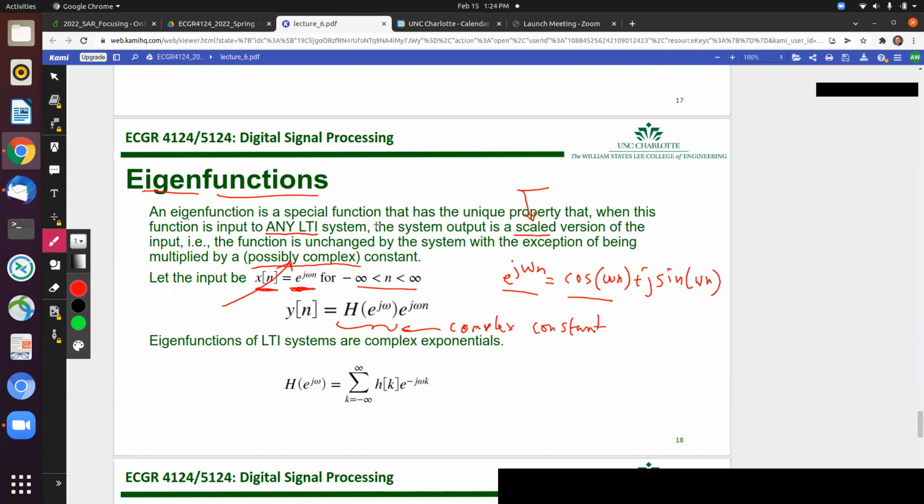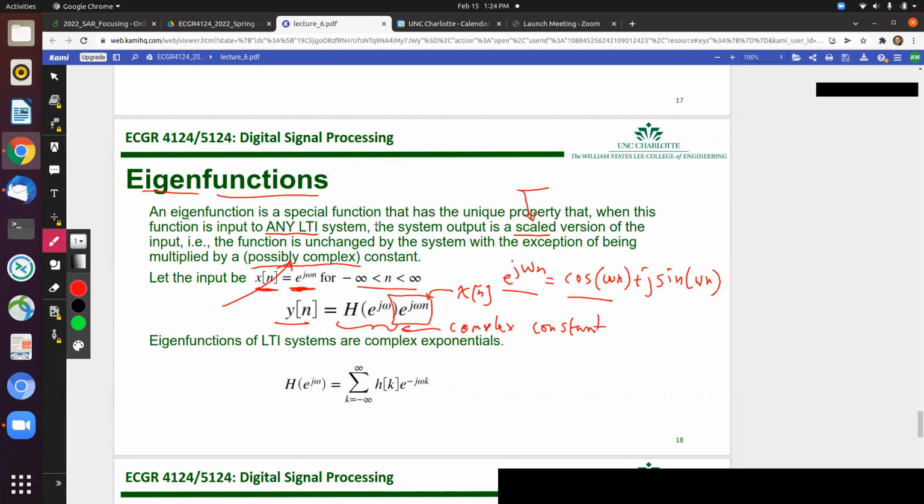Remember, it's the same function coming out, and this is the possibly complex constant that multiplied it on the output. So the output of the system, y of n, is equal to the input of the system, x of n, multiplied by a complex constant, H of e to the j omega. This is just the definition.